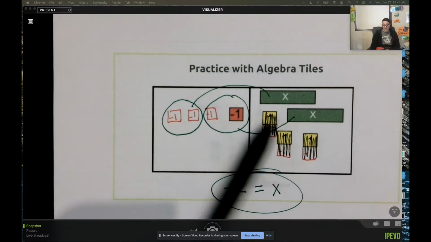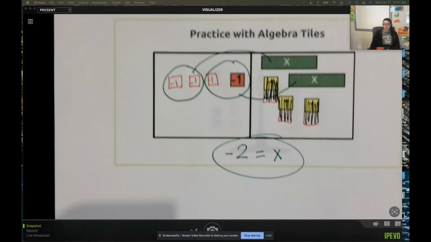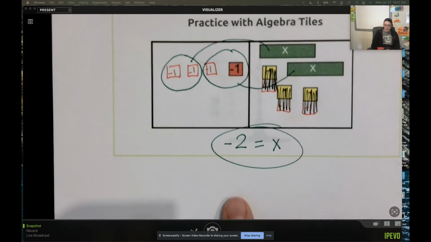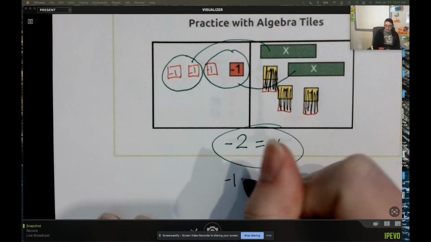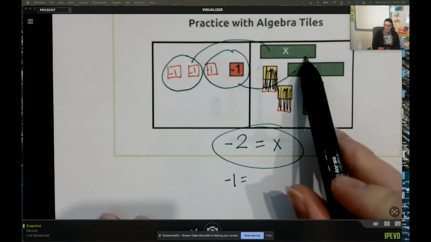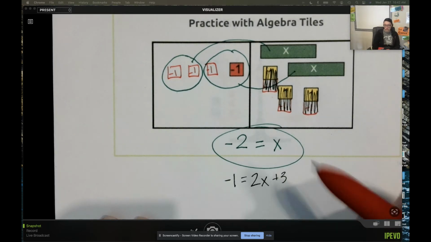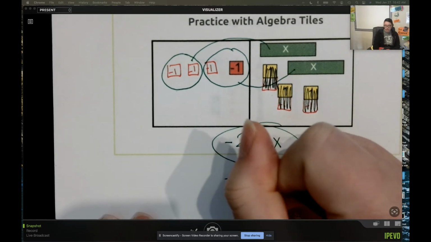If those algebra tiles are a little confusing to you, I'm also okay with you just turning this into an equation. We started with -1 on this side, and over here we had 2x plus 3. You can also rewrite it as an equation to help you solve.